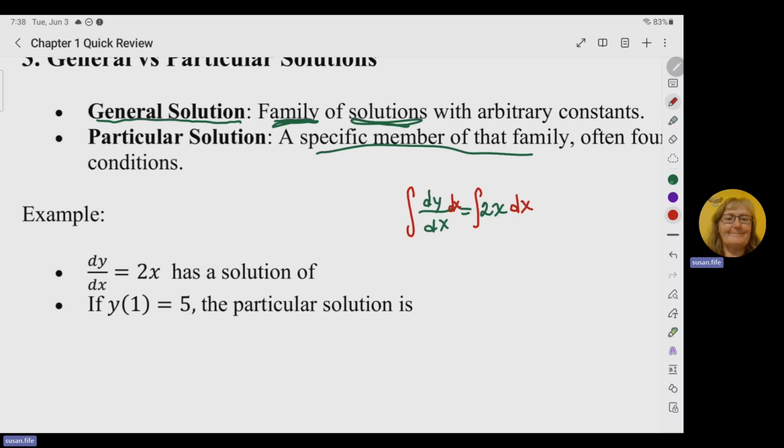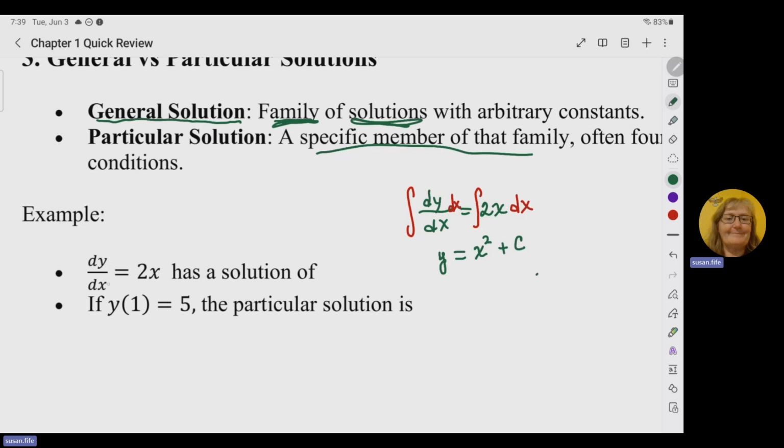So that on the left side, when you integrate the derivative of y with respect to x, you get just y on the left side. On the right side, when you integrate 2x, you get 2x squared divided by 2, which is x squared. And then you have your constant of integration plus c.